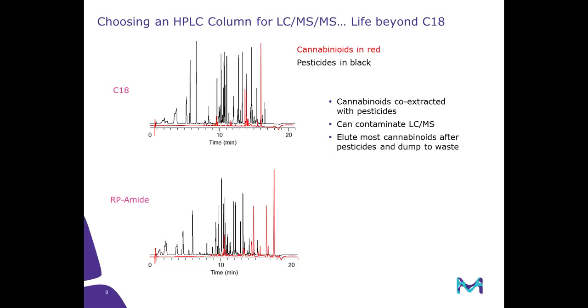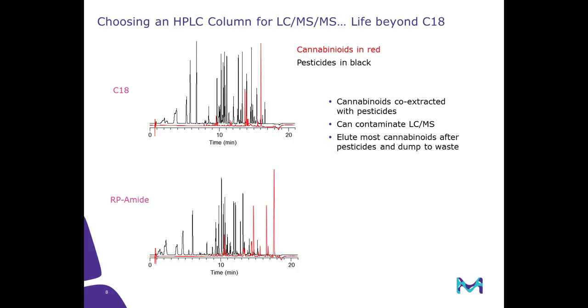So moving to the LC side of things, and I mentioned that the pesticides have to be run by both GC and LC because you can't do all of them by one technique or the other very well, okay? So the QuEChERS extracts are in organic solvent, and the LC methods a lot of times are gradient methods, and they start out with high aqueous to get pesticides to retain on the column.